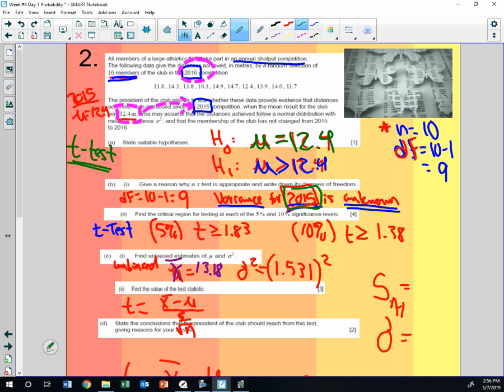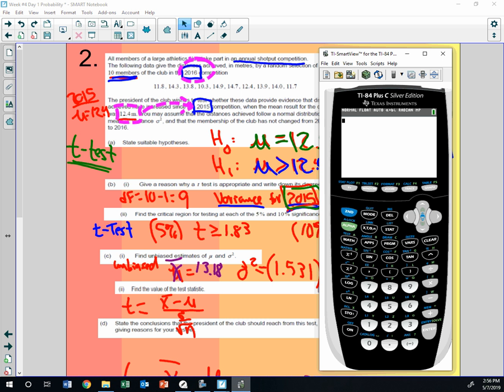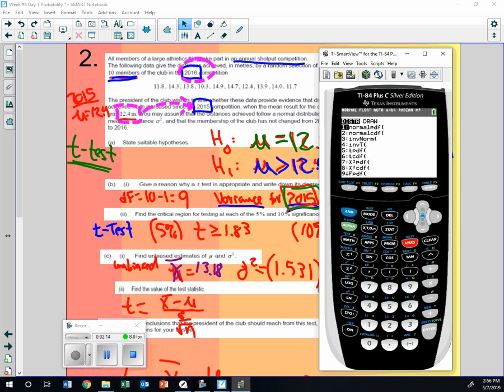So this is the part where we use a calculator. You go to second variance, which is the distribution part, go to inverse t, that's number 4. And then we're trying to look at 5%.